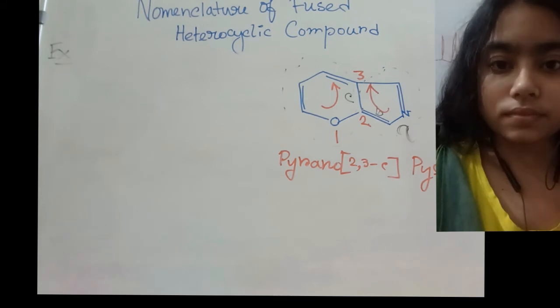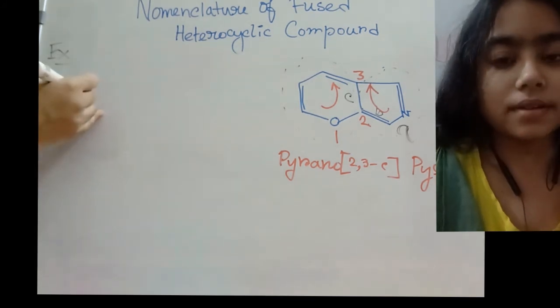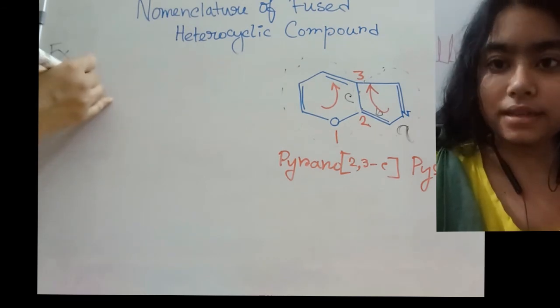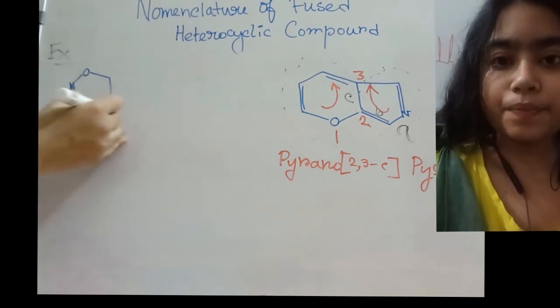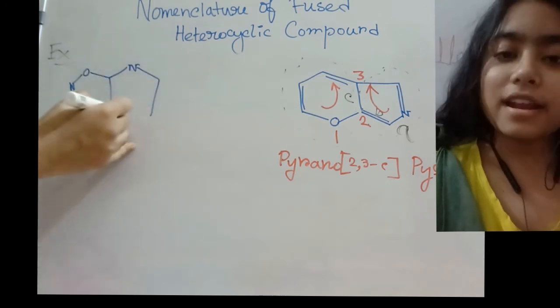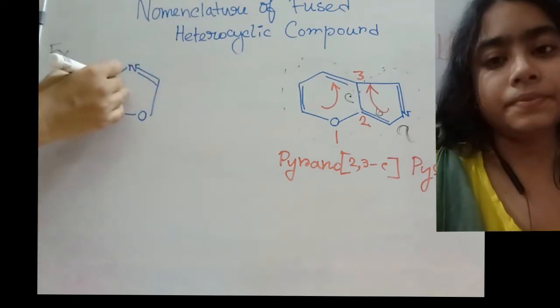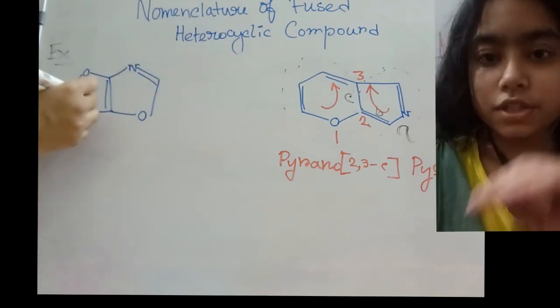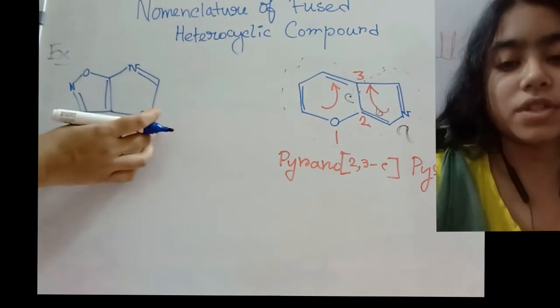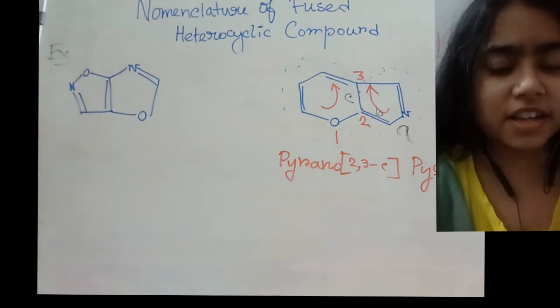In our next example, one ring contains nitrogen and oxygen and another ring also contains nitrogen and oxygen. Just the nitrogen and oxygen positions are different for the two rings. This is a 5-membered ring and this is a 5-membered ring, both having nitrogen and oxygen.